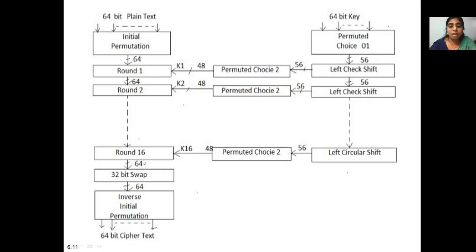Once the 16 rounds are finished, we swap the 32 bit halves. Then we apply the inverse initial permutation, and then we get the cipher text.